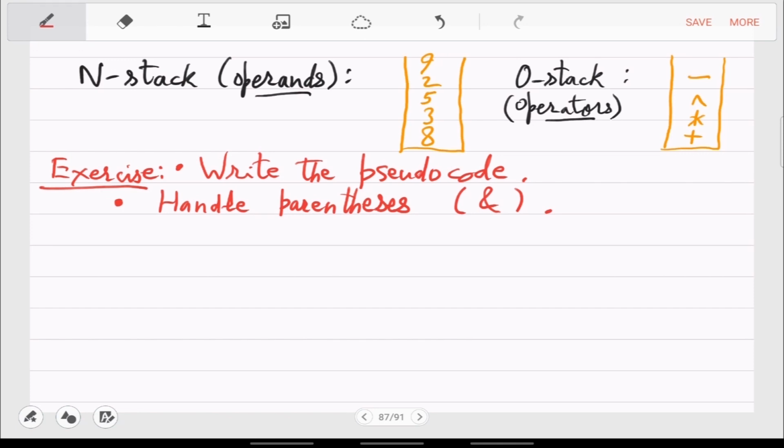Correct. Yeah, exactly. So again, this is one of the precedence rules: when you see parentheses, the parenthesized part holds the highest importance. So when you see an open parenthesis, you think of that as the base of the stack.